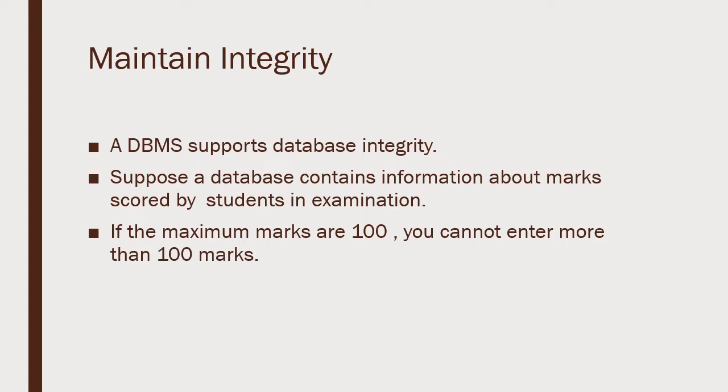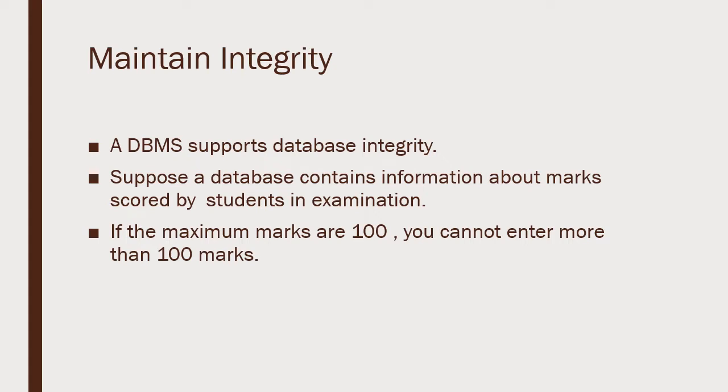Second example, suppose you are going to store a record about your classmate and there is a field mobile number. In the mobile number you are trying to give more than 10 digits. Then what will happen? There will be an error because the mobile number should be of 10 digits and you are trying to give more than 10.